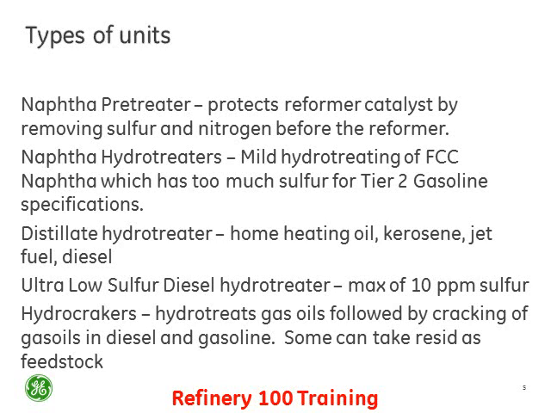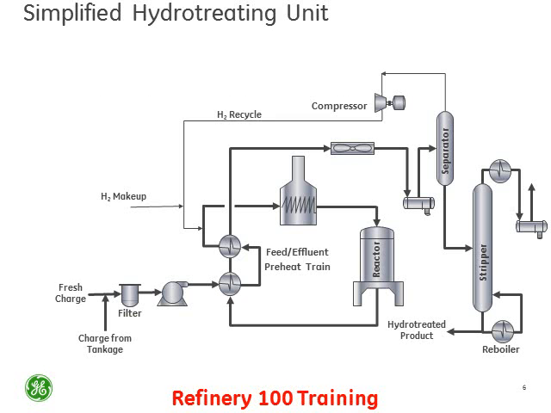Another specialized type of hydrotreater is a hydrocracker, which is a two-stage process which, after hydrotreating gas oils, subjects them to even more severe conditions to crack them or make them into diesel and gasoline. Some hydrocrackers can take resid as a feedstock.